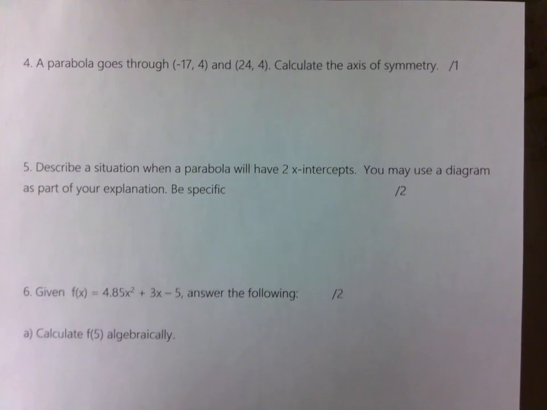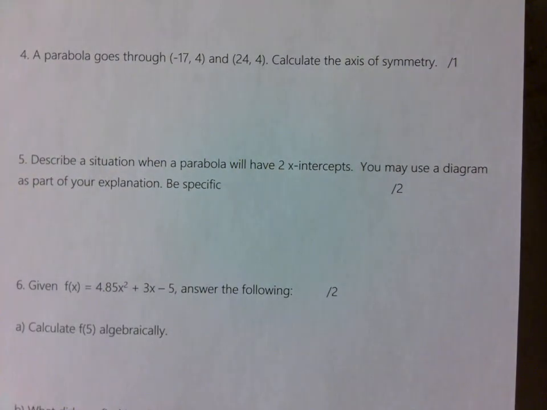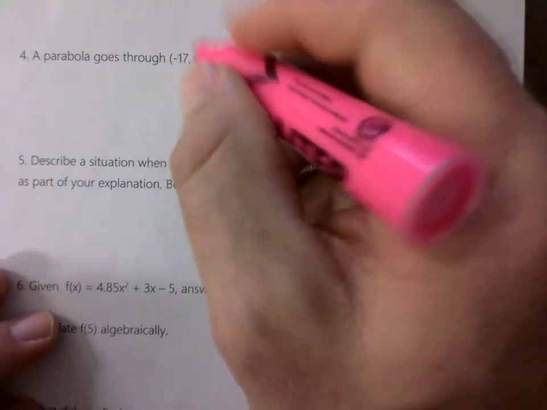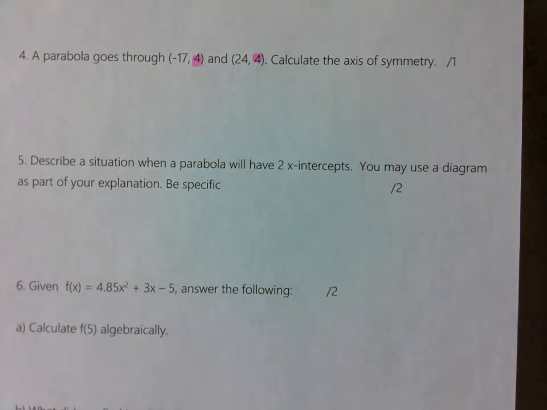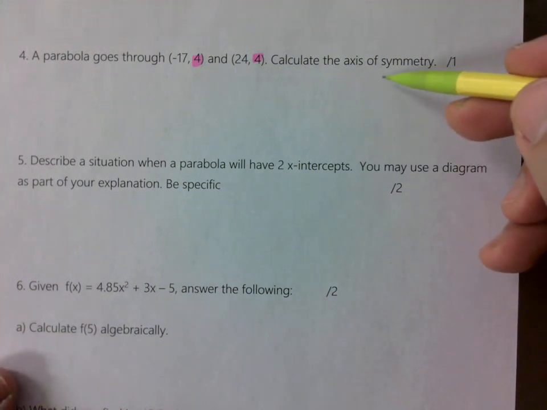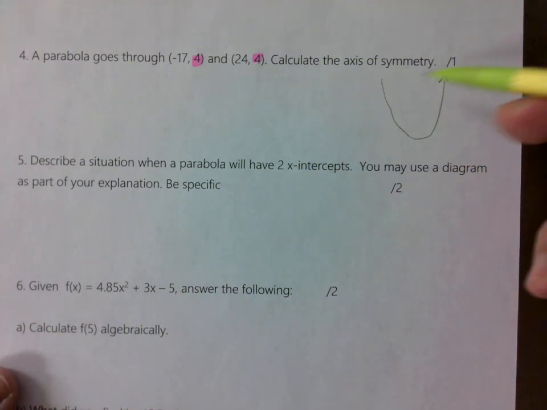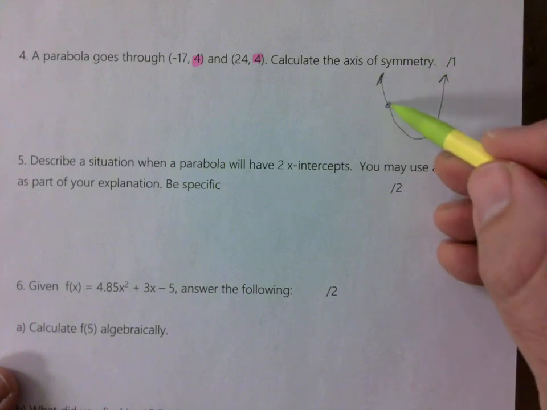A parabola goes through those 2 points. Calculate the axis of symmetry. I hope that you realized they're both at the same height. You kind of have to remember, we don't know which way this is pointing, by the way.